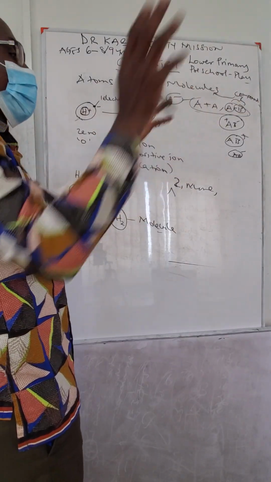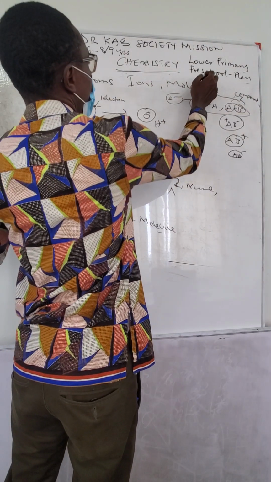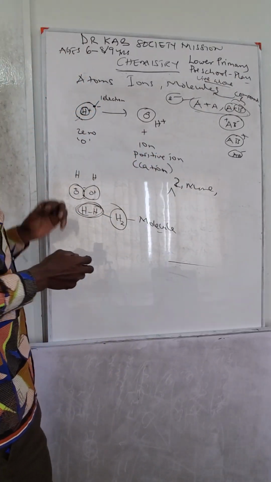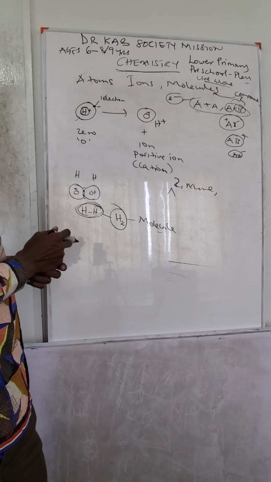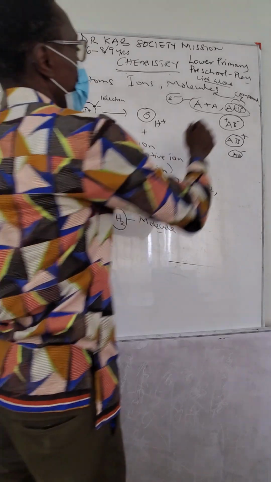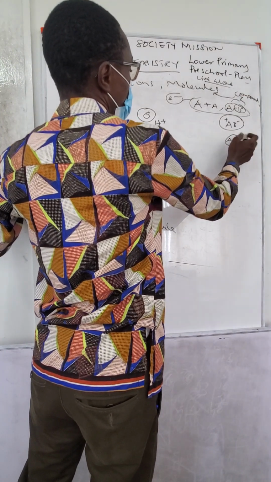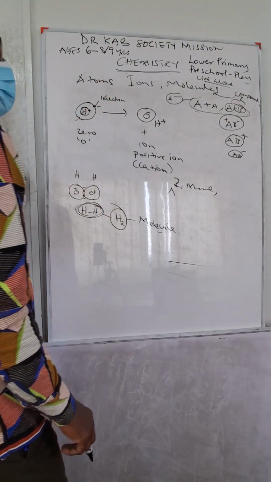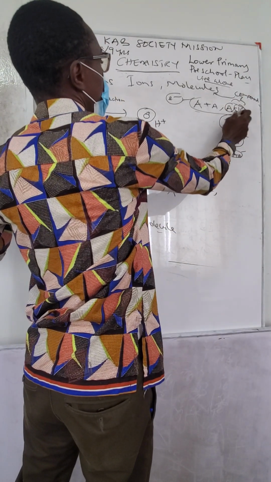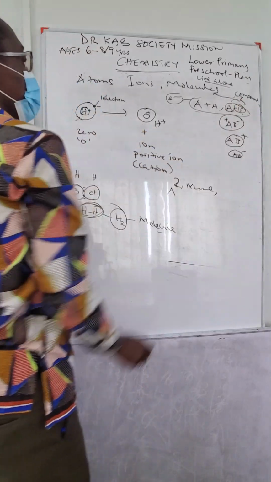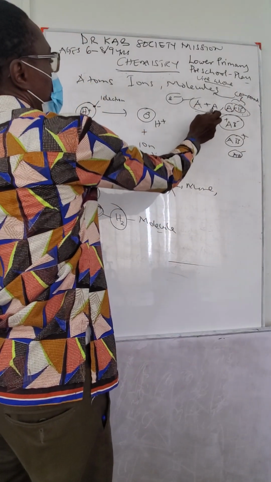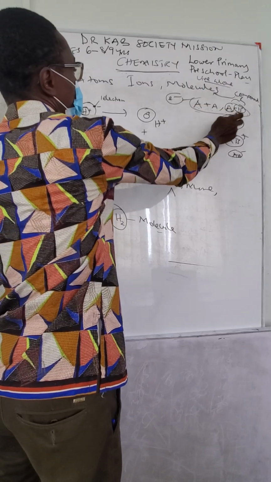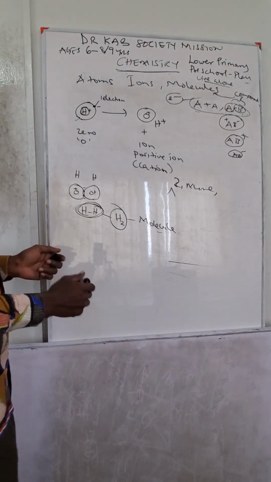They can live alone. Now here we form the compound. The charged one and the charged one come together. Different ones, compound. Same ones together, molecules. The different ones are called compound.